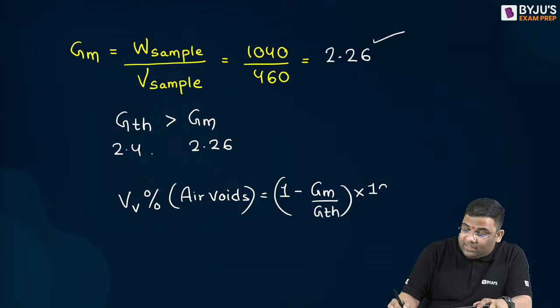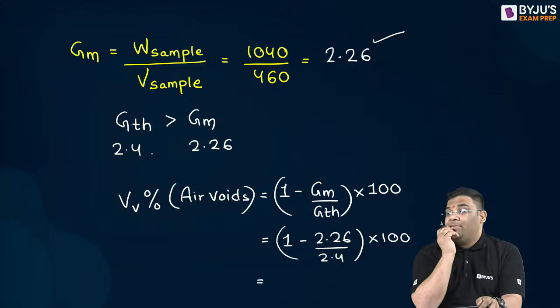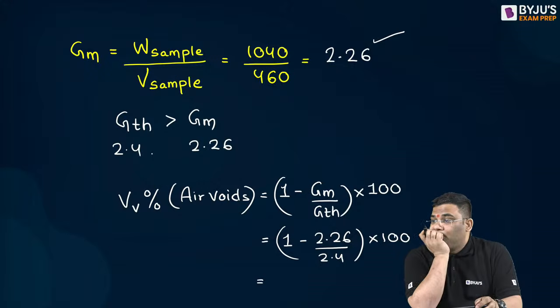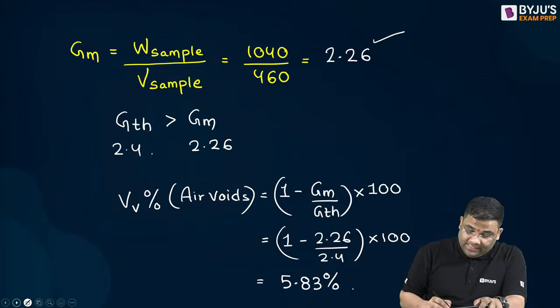So 1 minus 2.26 by 2.4 into 100. How much am I getting? Please tell in the comment section. 5.83. Very good. This is your percentage air voids.